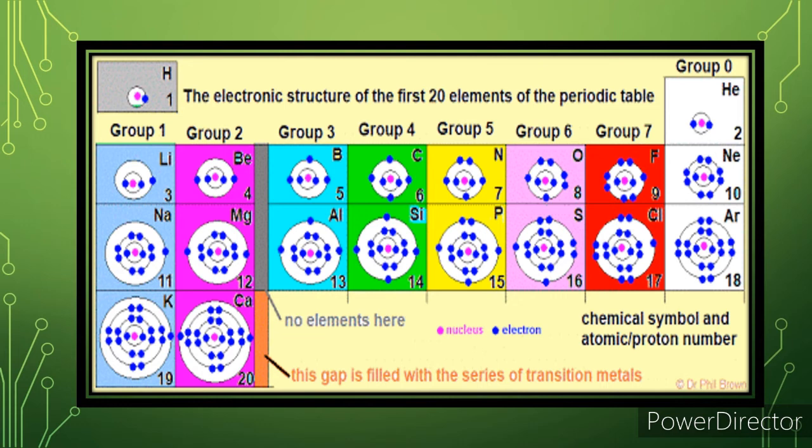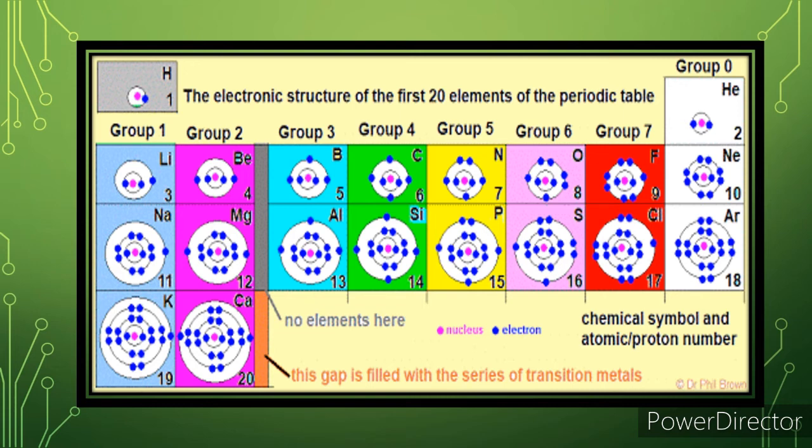Next, you can see how to represent an atom. Here you can see the pink dot represents the nucleus, and the blue dots represent the electrons. So here we have hydrogen, then helium, then lithium, beryllium. You can see up to 20, the first 20 elements are represented.